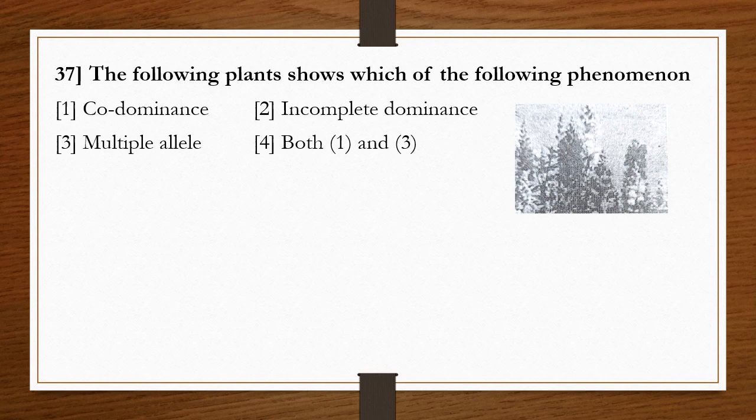The question is about plants. For codominance, the example given is the ABO blood group system, which is not present in plants, so this is not an option. Multiple alleles is also related to the ABO blood group system. Codominance, AB blood group is an example. Multiple allelism, the ABO blood group system we will discuss. So that's why 1 and 3 are not considered as options for this question.